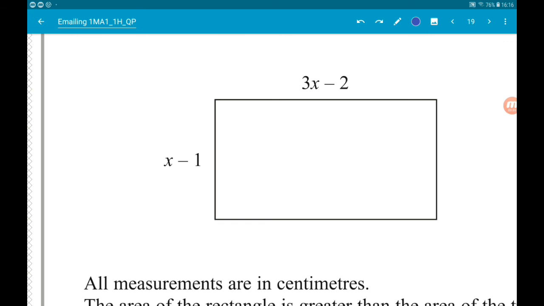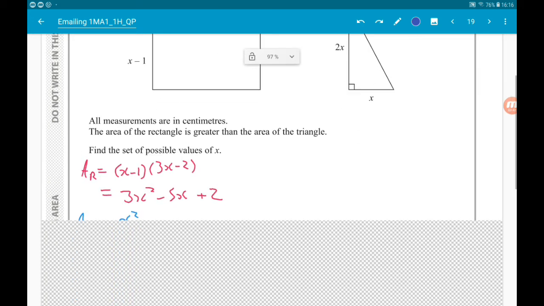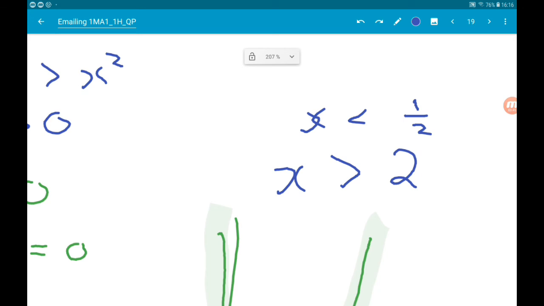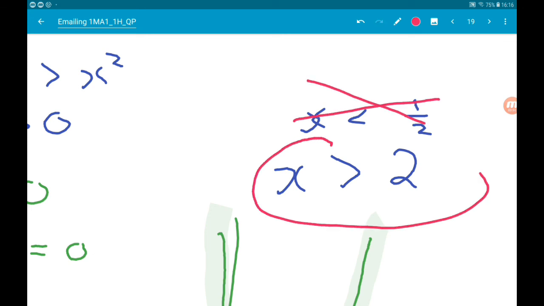Now that doesn't make sense because it's the length of a rectangle. So only one of our solutions counts. So x cannot be less than 1/2, x can only be greater than 2.